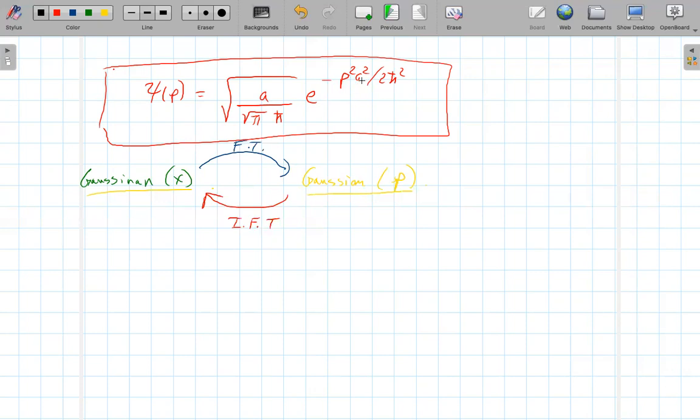Because before, as a went to 0, the width went to 0. But here, since this is on the top now, the opposite effect is going to happen. As a goes to 0, this is going to become wider, which means that it becomes more localized in position, and less localized in momentum.